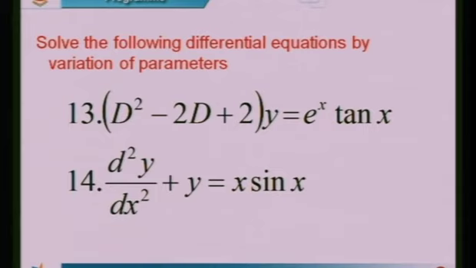You will get the roots as 1 plus or minus i. It will be in terms of trigonometric ratios only. Another one also in terms of trigonometric ratios only. For your convenience, if you want, I will do the 13th question, that is e power x tan x.